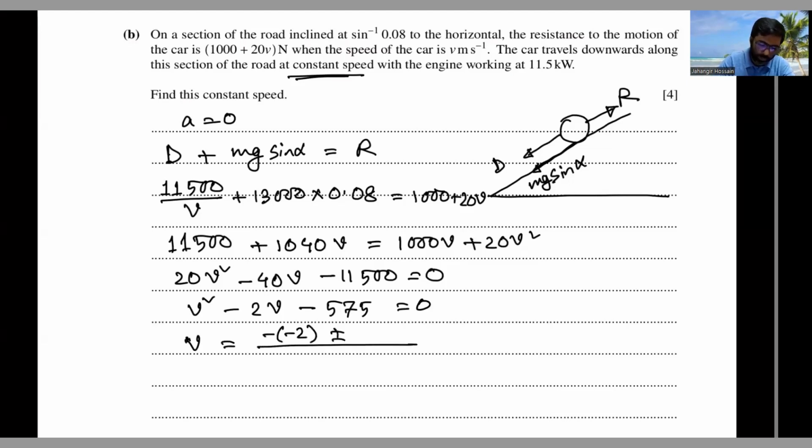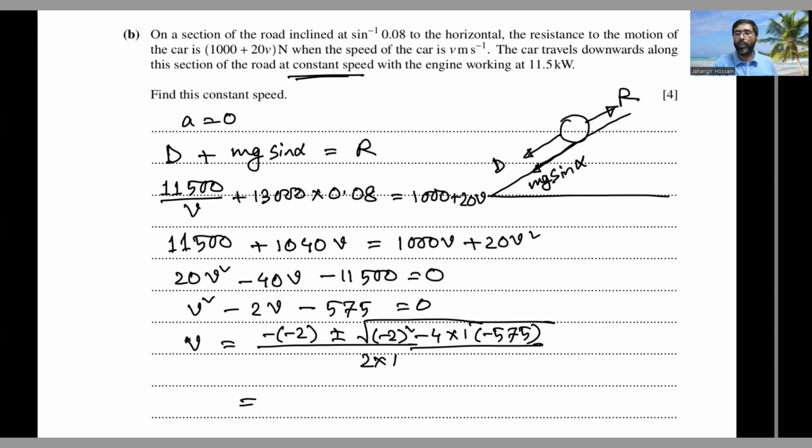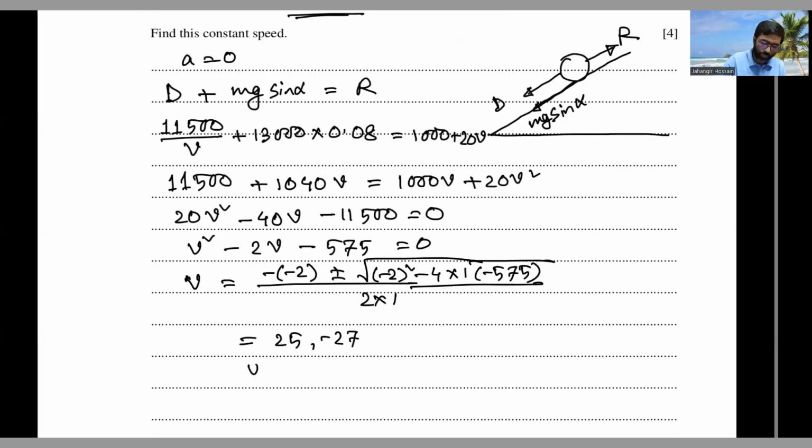Minus minus 2 plus minus square root of minus 2 square minus 4 into 1 into minus 575 is 2304, 2 into 1. So it will be 25 and minus 23. It cannot be negative, so it is positive, so v is 25. That's the speed.